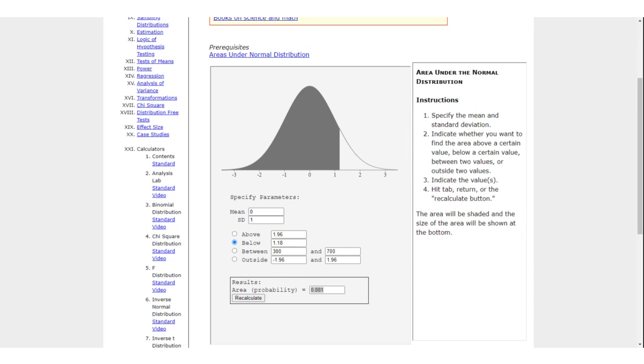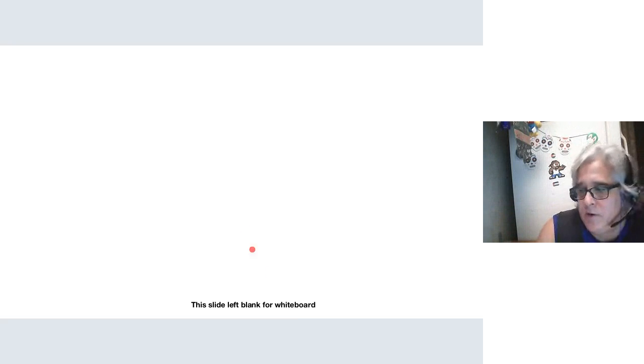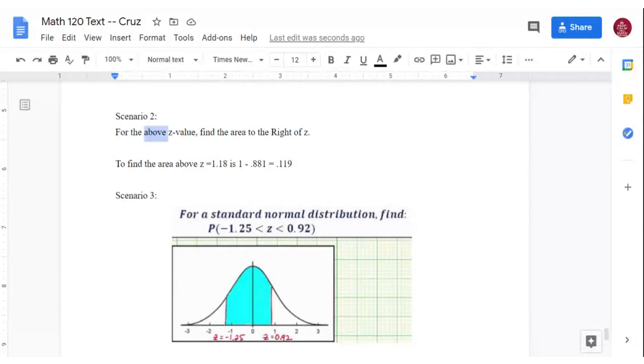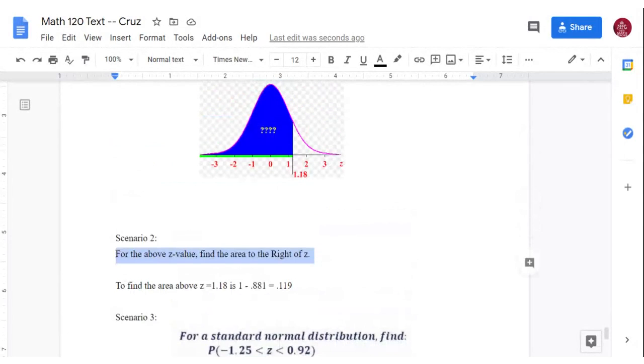All right. Now, you know what? I wasn't sharing while I was typing it out. So for finding the area to the right, in other words this little part right here, you use the complement rule, because everything has to add up to 1 underneath that. It's essentially probability. Everything underneath there is 1 or 100%. So 11.9% is over here.